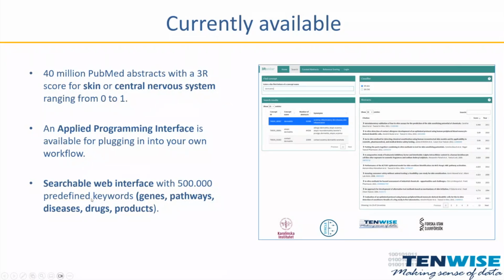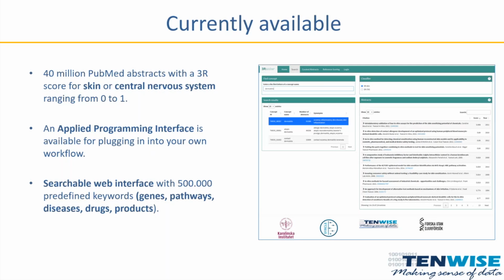And we have a searchable web interface, and I'll explain it later in detail, and you see a picture on the right-hand side, with about 500,000 predefined keywords that we found in these papers that describe 3R. And these keywords describe genes, pathways, diseases, drugs, pharmaceutical products, etc. So a large vocabulary that you can use to search these papers.